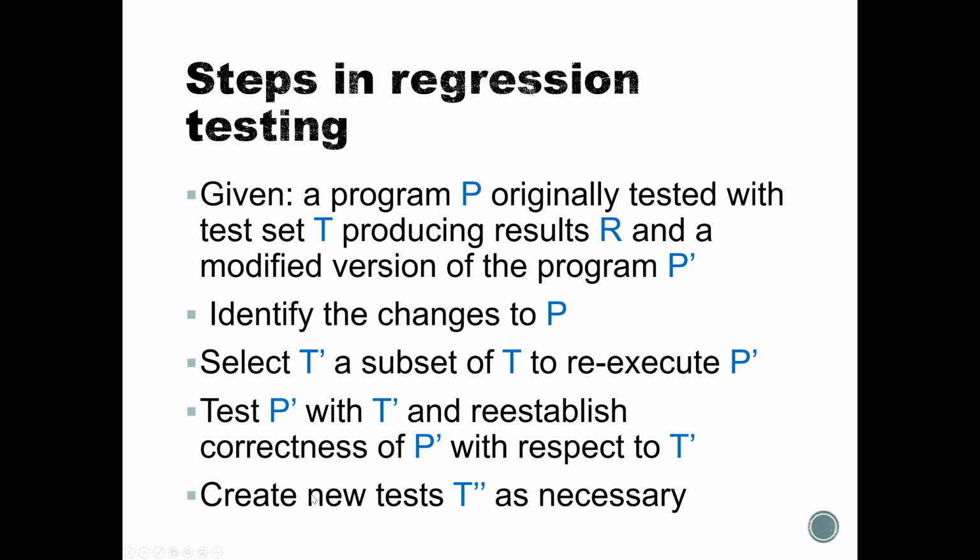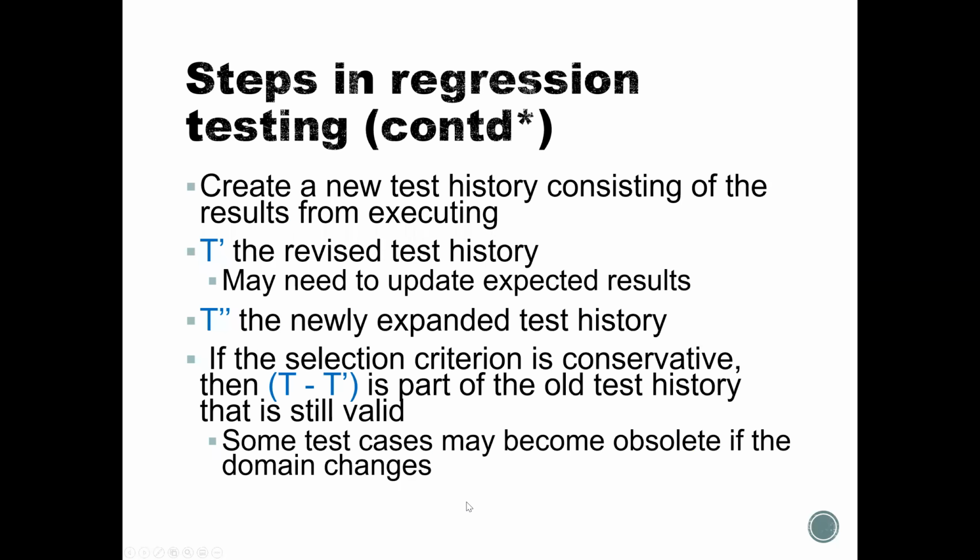So the thing is we are going to create new tests T double-dash as necessary. And we are also going to create a new test history, which is going to consist of the results from executing.